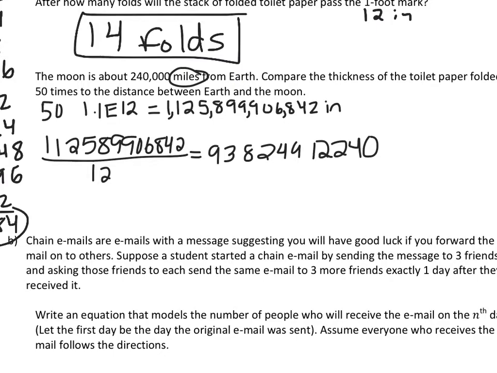But you can go ahead and leave that amount in your calculator. We then need to take that amount, which is now in feet, and change it to miles. To do that, we're going to divide by 5,280 because there are 5,280 feet in a mile.